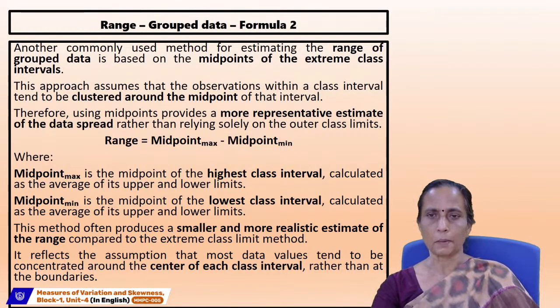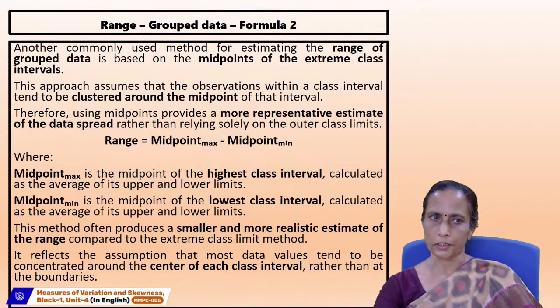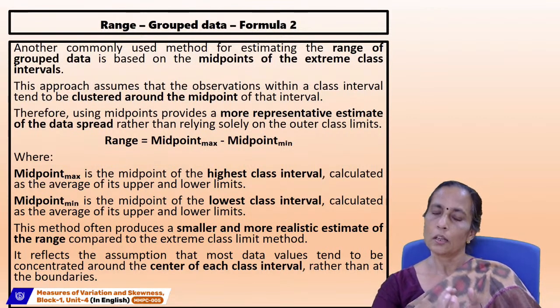Your method for estimating the range of group data is based on midpoints of the extreme class intervals. This approach assumes that the observations within the class intervals tend to cluster around the midpoint of the interval.